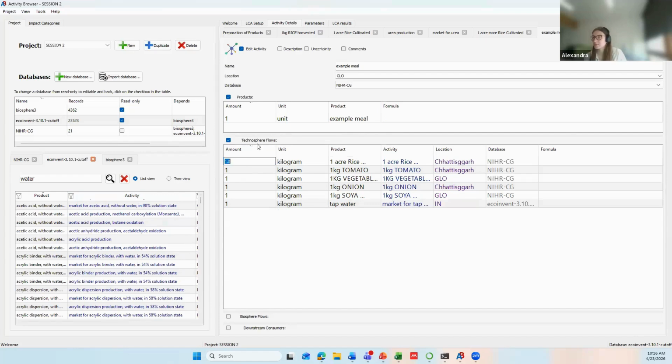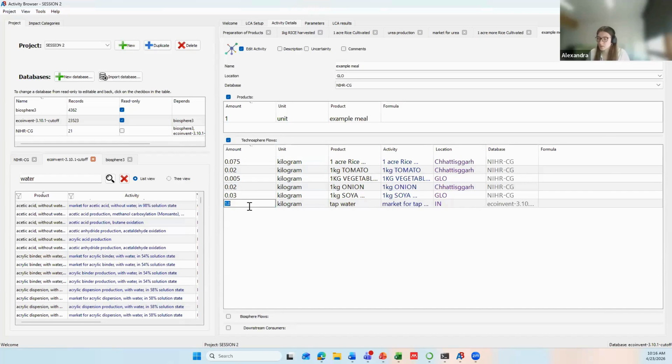So as we said, the rice was 75 grams of rice, 20 grams of tomato, 5 grams of vegetable oil, well, rapeseed oil, onion again, 20 grams, and 30 for the meat substitute.